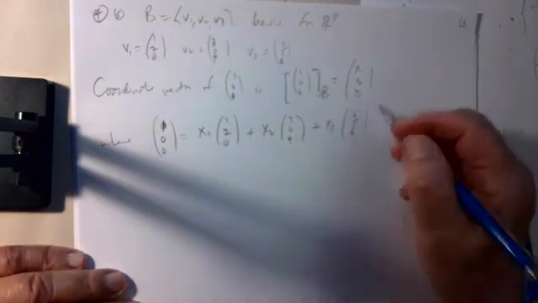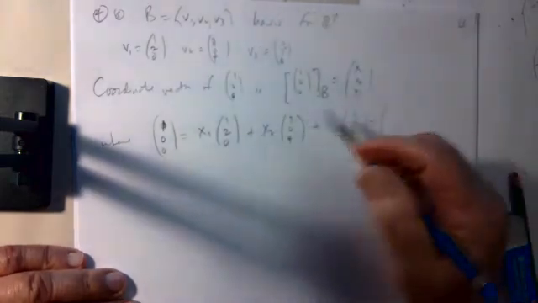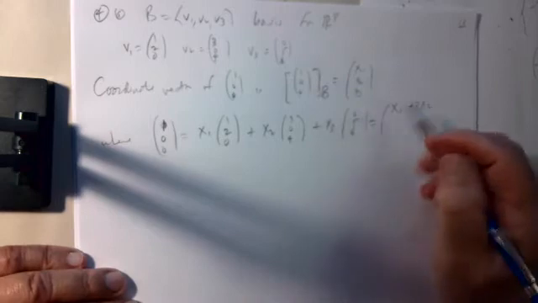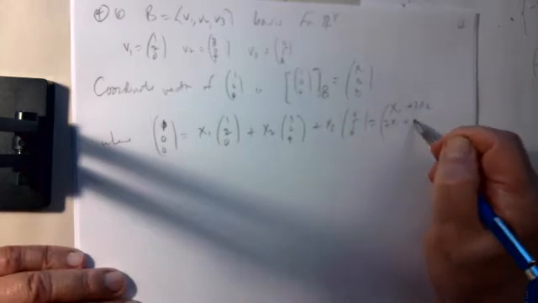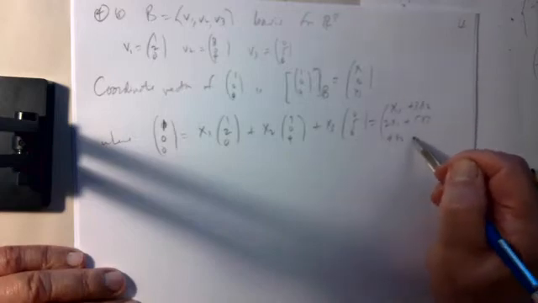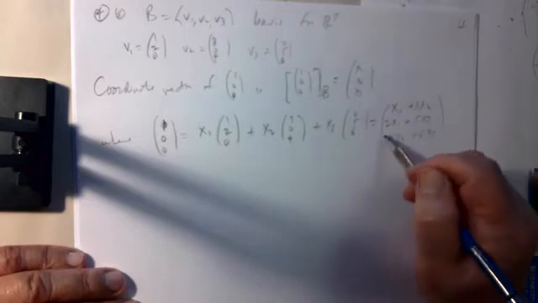If I scale or multiply and add, what I have on the right is the vector (x1 plus 3x2, 2x1 plus 5x3, 4x2 plus 6x3).